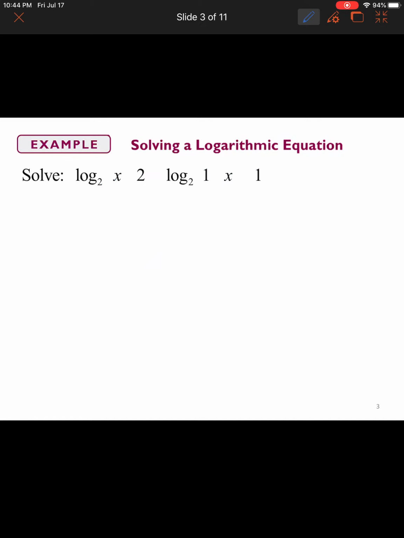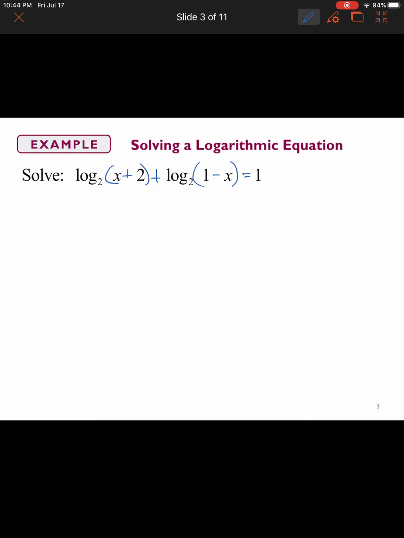We have log base 2 of x plus 2 plus log base 2 of 1 minus x equals 1.